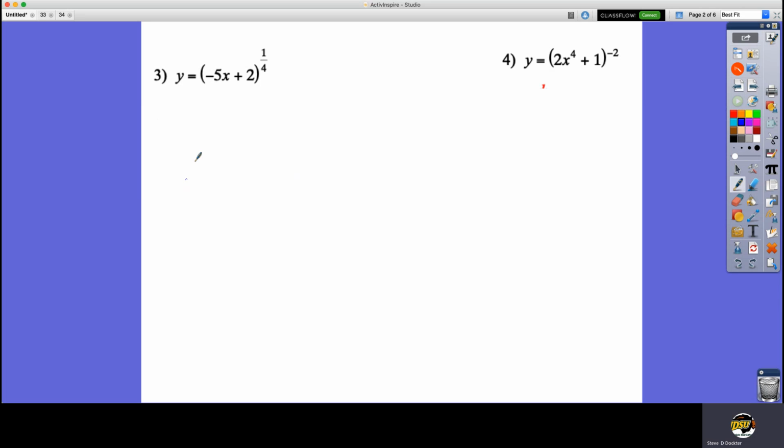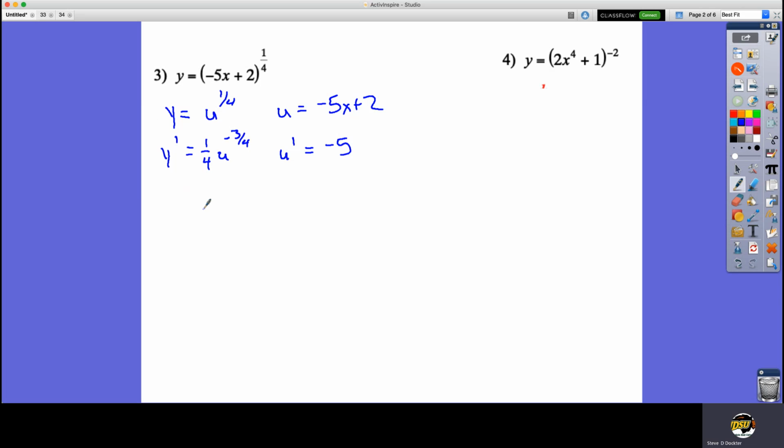Yeah, the same thing. y equals u to the 1/4. u equals negative 5x plus 2. Take the derivative of both of those. 1/4 u to the negative 3/4, and u prime is negative 5.